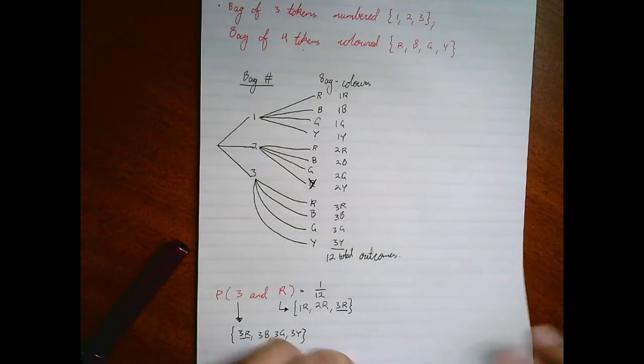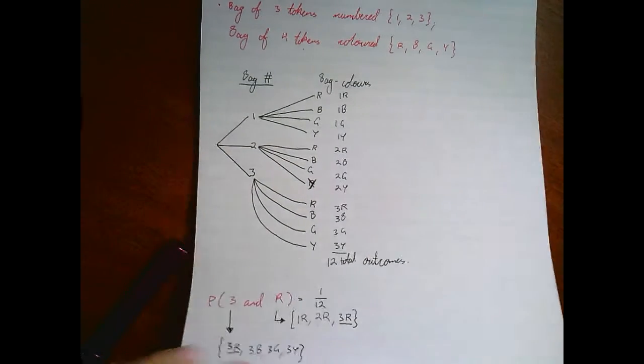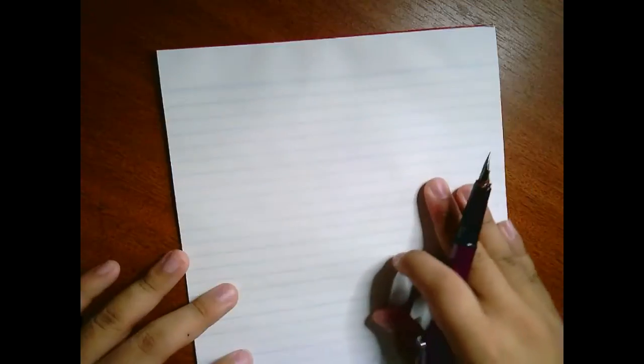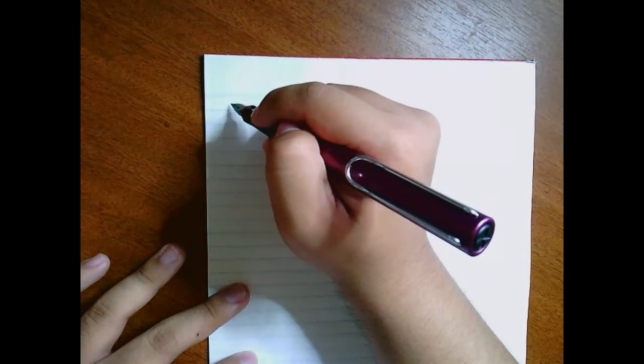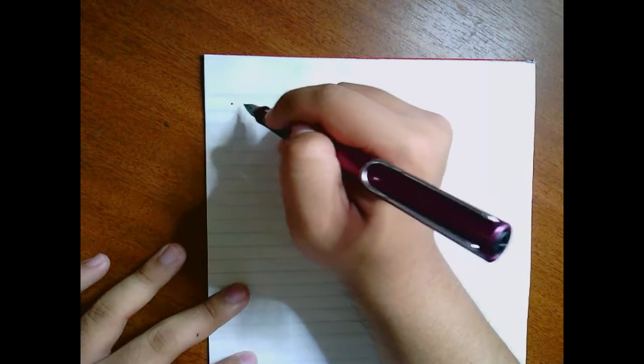So let's take now, for example, this following probability experiment. Let's say that I'm playing a game, and no, let's say not me.